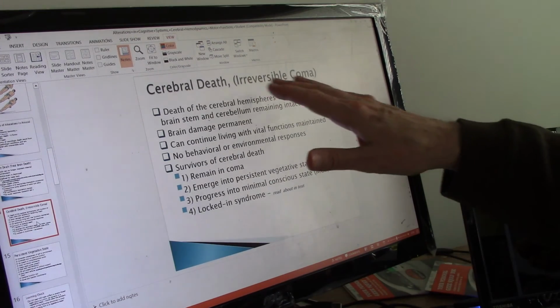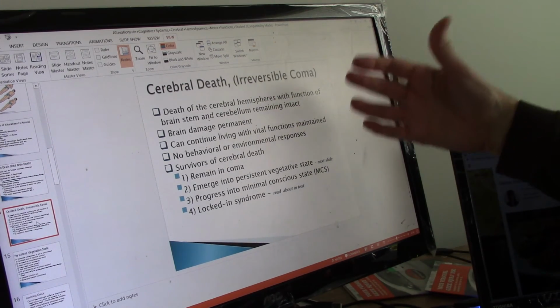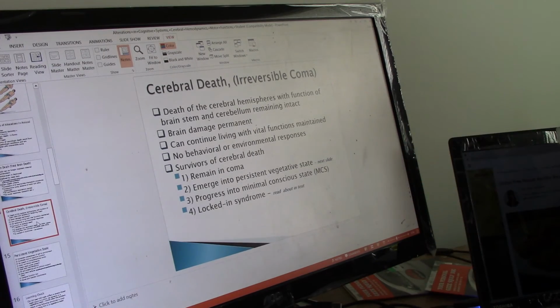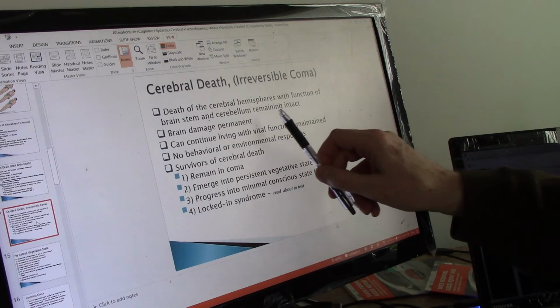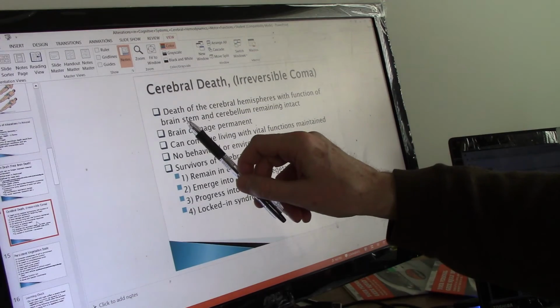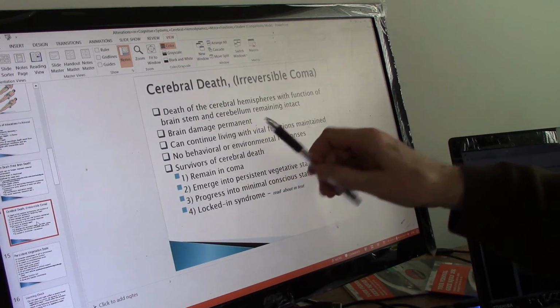cerebral death, which is an irreversible coma. The patient is not going to come out and gain any meaningful consciousness, but the brain stem and the cerebellum will remain intact.